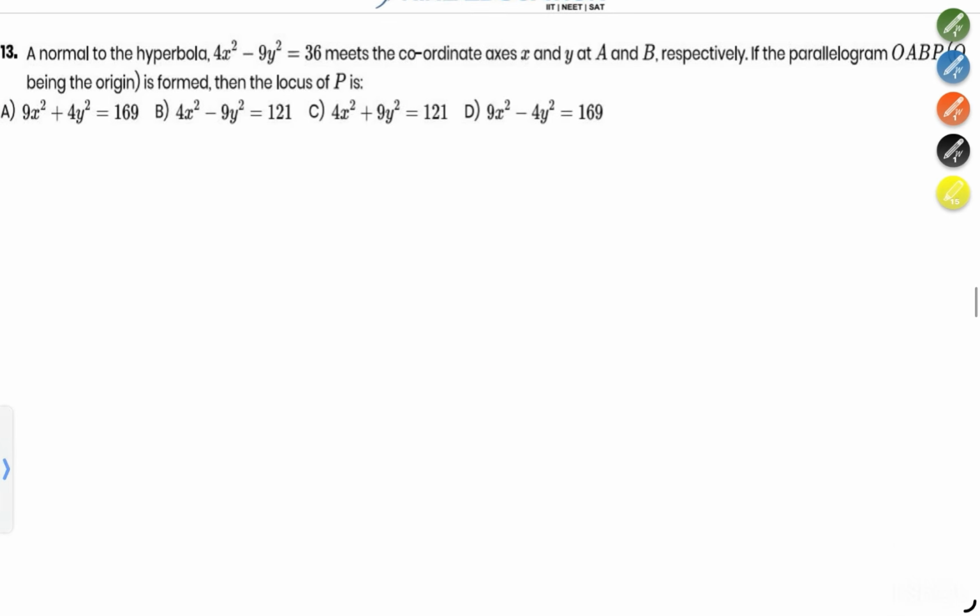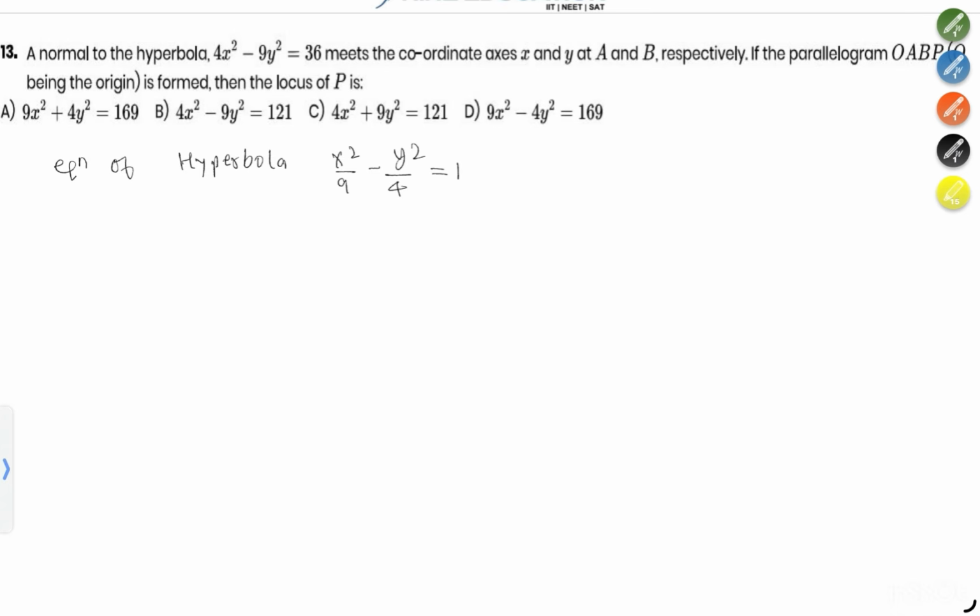Question number 13. In question number 13, they have given normal to a hyperbola meeting the coordinate axes x and y at A and B, and some parallelogram there. So the equation of the hyperbola is x square by 9 minus y square by 4 equal to 1.